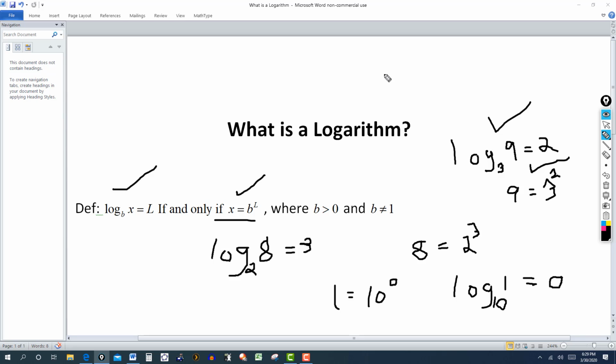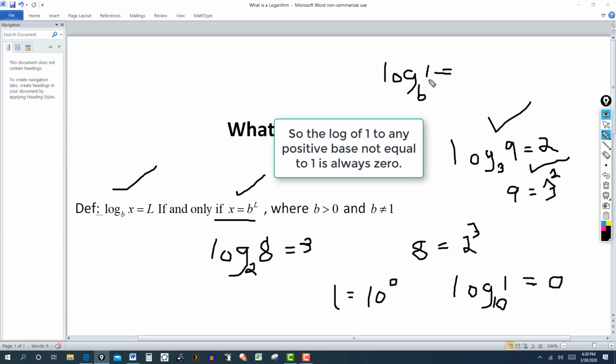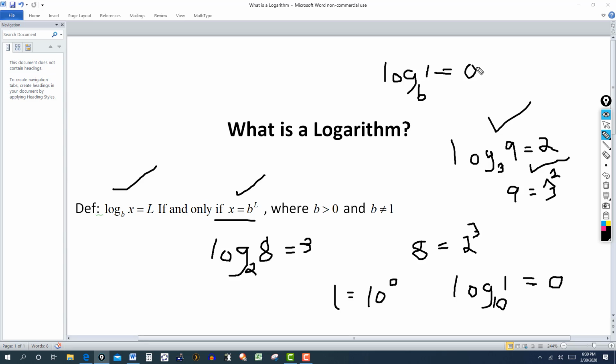So it should be clear to you then that if I ask what is the log of 1, and you pick any base, as long as it's positive and not equal to 1, whether it's 2, 3, 1/2, 1,000, the log of 1 to that base would have to be 0, because that's the only way you're going to get b to the 0 equal to 1.